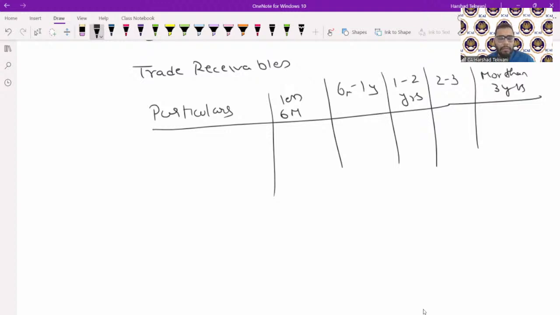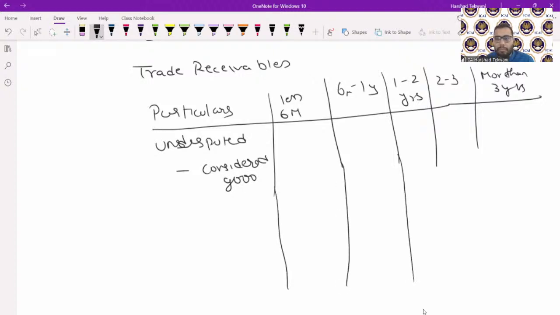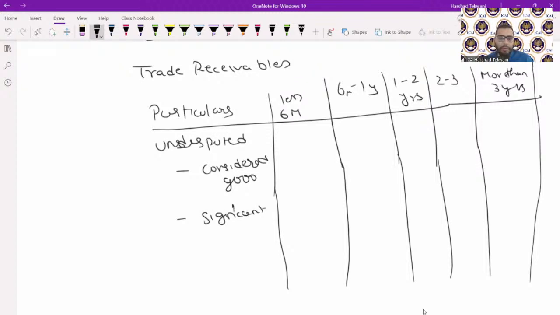Now again, undisputed, then considered good, then significant increase in credit risk, and credit impaired.